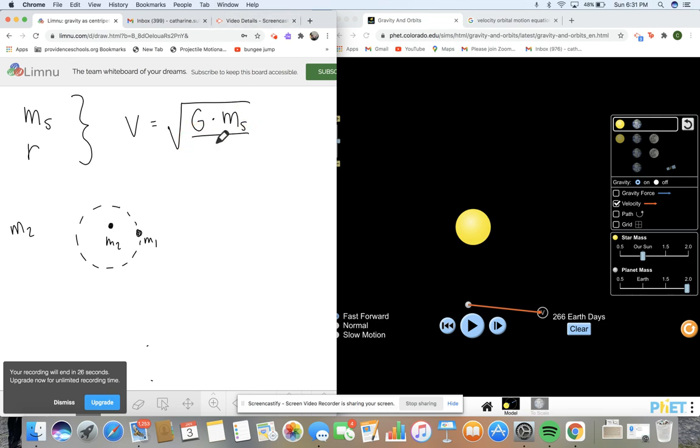And this is all going to be over this r value. Okay, remember g equals 6.67 times 10 to the negative 11th. Okay, so this is the equation for the velocity of an object that is orbiting another object. It does not depend on the mass of that smaller orbiting object, only on the mass of the sun and the value r.